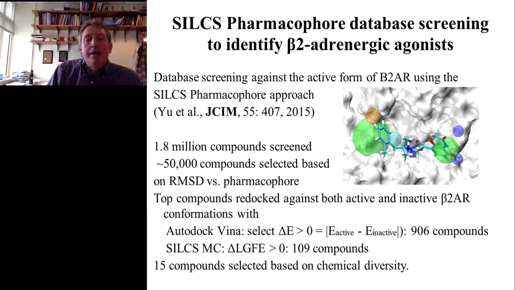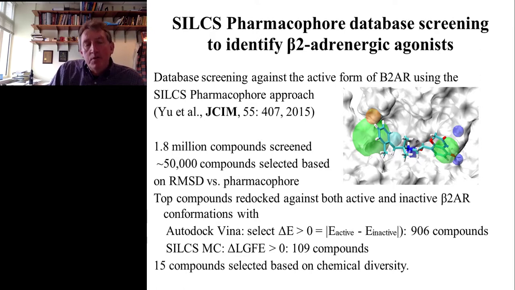This allows us to screen a large database. In this case, we screened a database of almost 2 million compounds. From that, we identified the top 50,000 compounds whose structural features match that of the pharmacophore, in terms of the different types of hydrophobic groups, hydrogen bond donors, negatively charged groups, and so on. We then took those top 50,000 compounds and screened them in a couple of steps, including using the ligand grid free energy values from the SILCS MC.